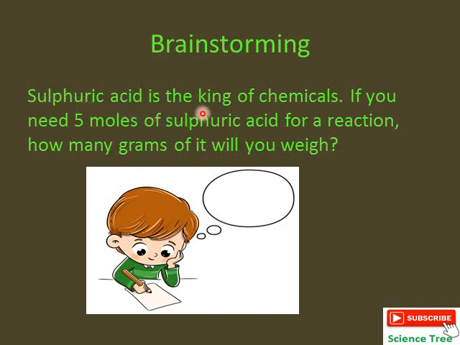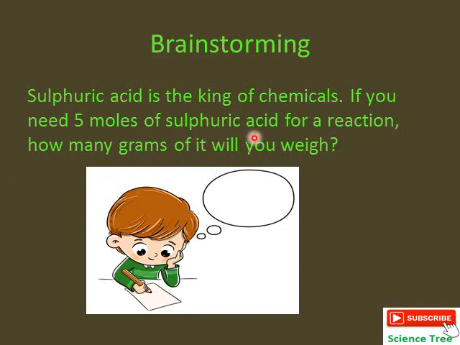Here is a simple question for you. You have to solve this question and give me your answer in the comment box. Sulfuric acid is the king of chemicals. If you need 5 moles of sulfuric acid, how many grams of it will you weigh? Let me give you the hints.